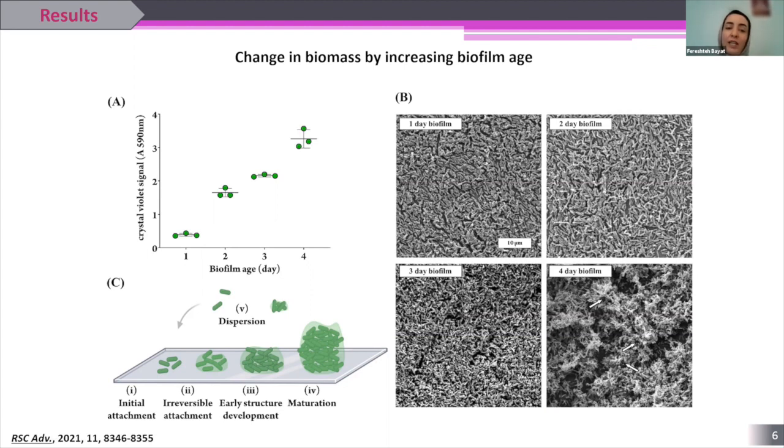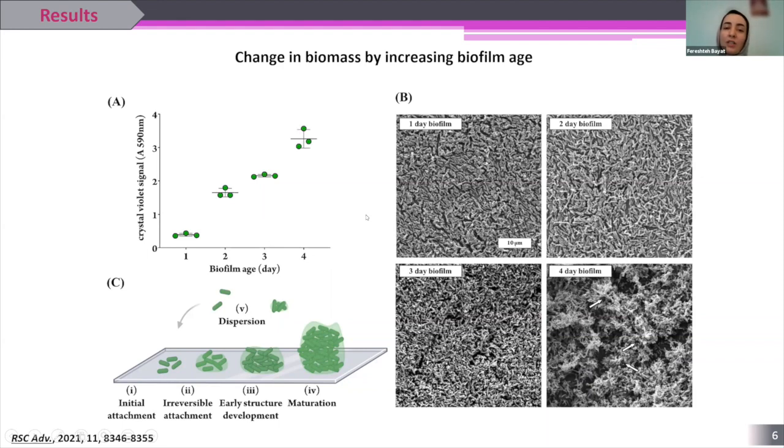After 4 days, we have a full maturation of the biofilm. You see that the water channels are formed, and we have a thick layer of fully matured biofilm on the surface of the membrane. So we chose 4 days for this work.